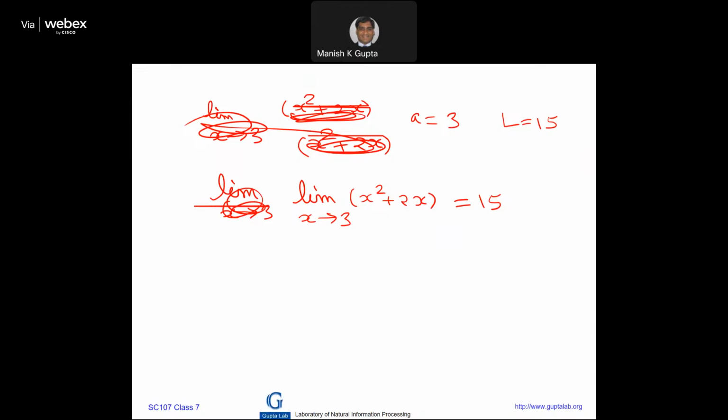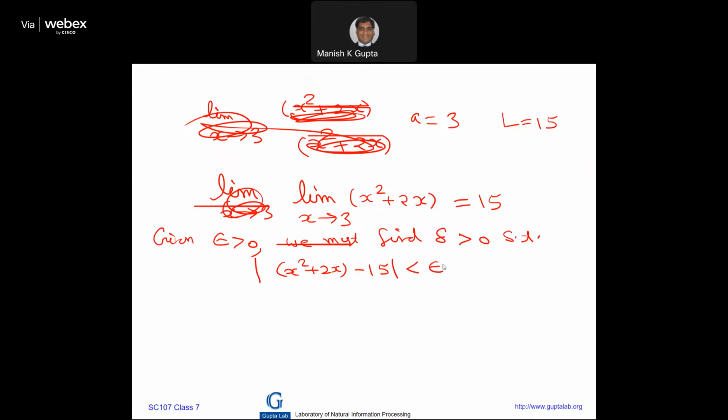So what we have in our hand is the definition: given epsilon positive, we must find a positive number delta such that mod of x square plus 2x minus 15 is less than epsilon whenever 0 is less than mod of x minus 3 is less than delta.